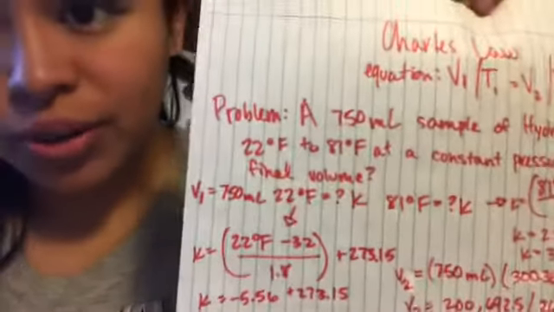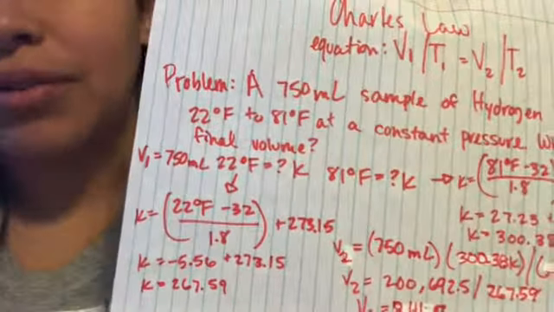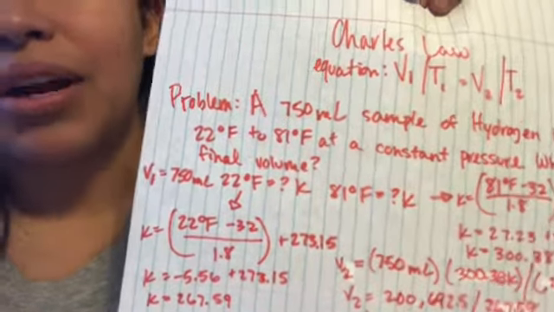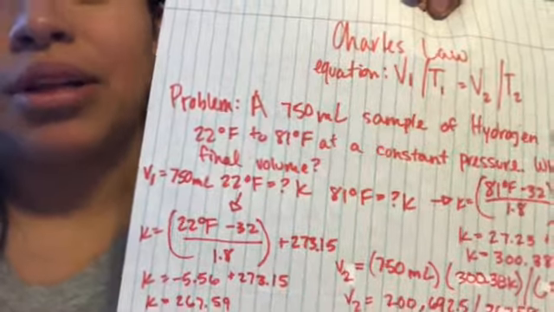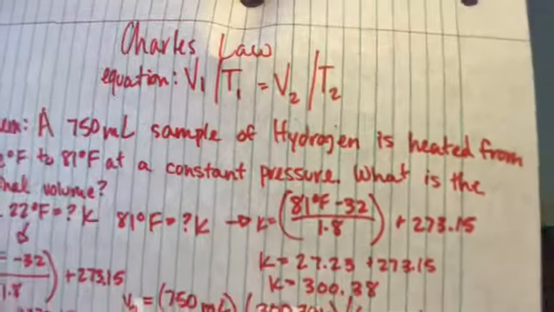In order to do that, for 22, we put 22 on top, subtract 32, divide by 1.8, plus 273.15, and that's exactly what we did here as well.